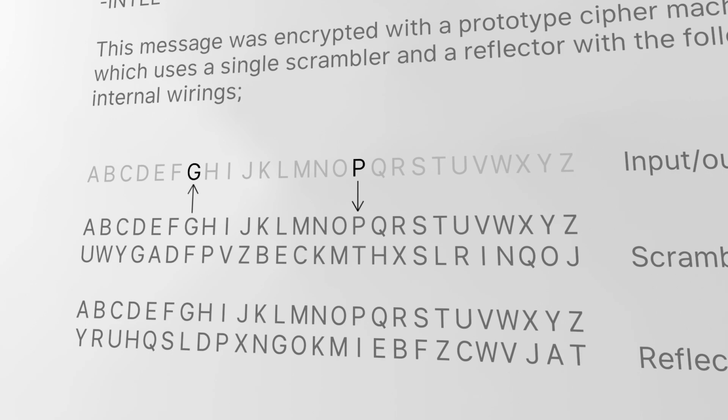Wait. So we want to go from Q to X, we need to go over how many steps? 1, 2, 3, 4, 5, 6, 7. So we want Q to turn into something that is 7 letters removed from... what?